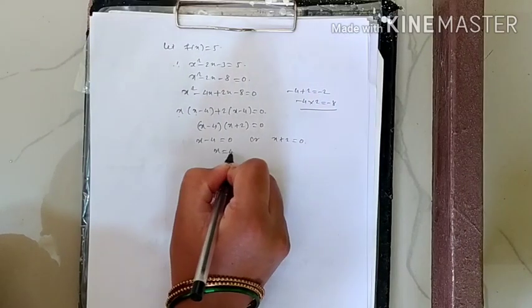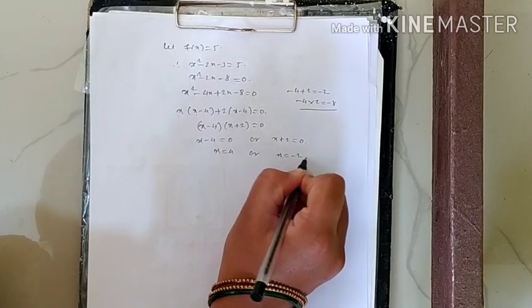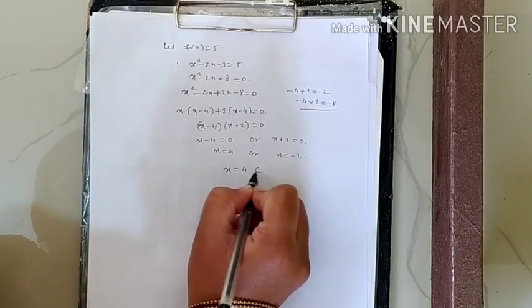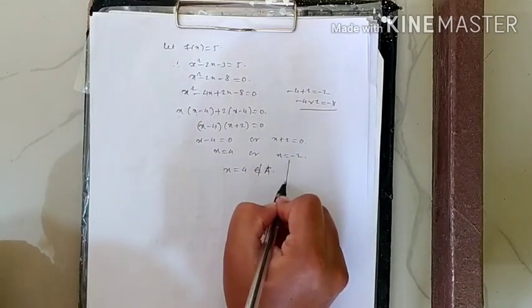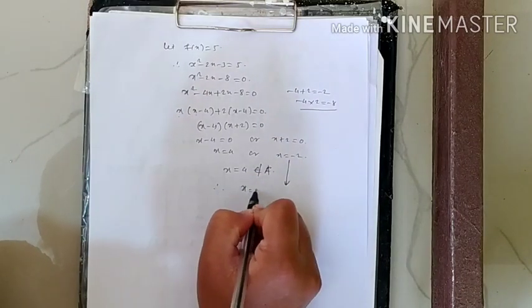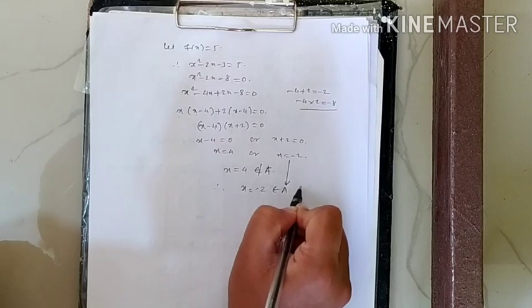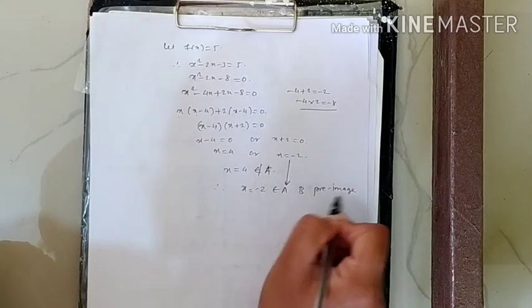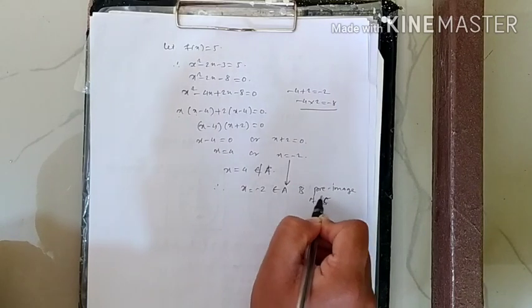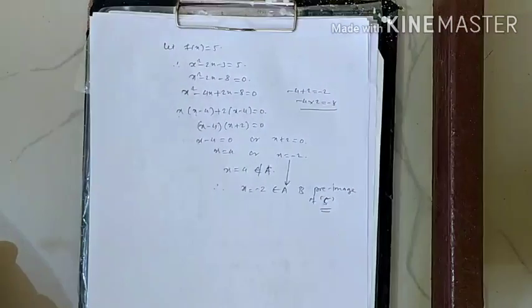So x equals 4 or x equals minus 2. But x equals 4 does not belong to set A. Set A is the domain set. So therefore x equals minus 2 belongs to A and is the pre-image of element 5. Getting? Any doubt, student?